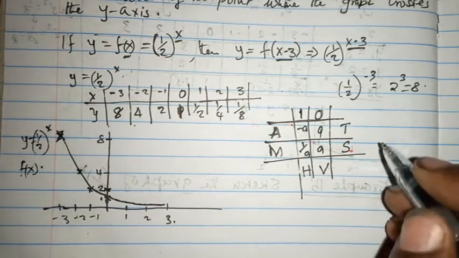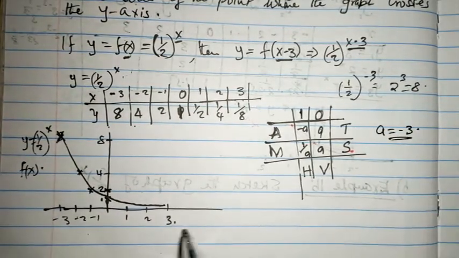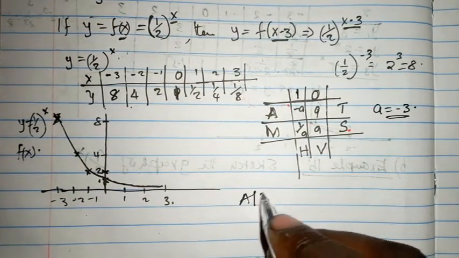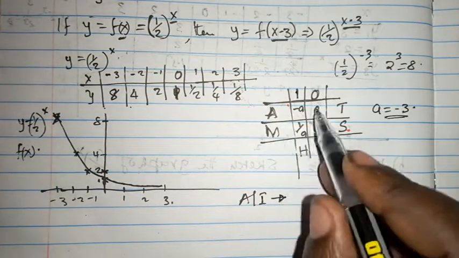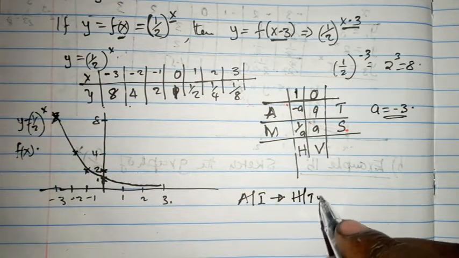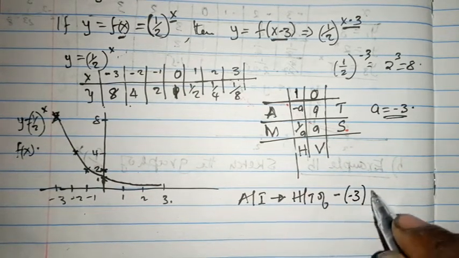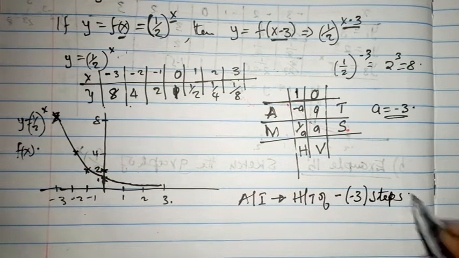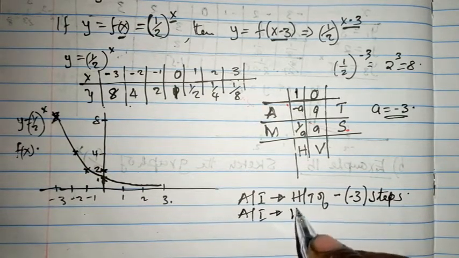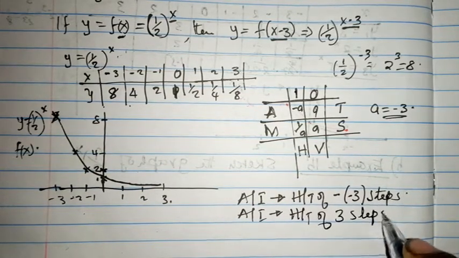And you can already see that our a is 3, so addition inside is a horizontal translation of negative 3 steps. That means addition inside is actually horizontal translation of 3 steps.